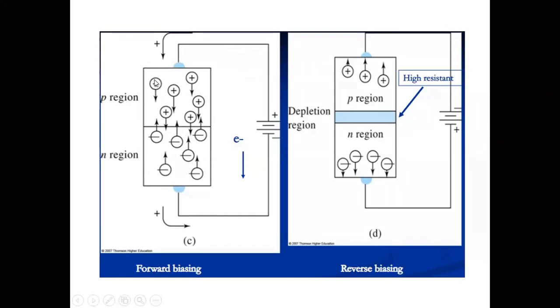So holes will move towards this direction and electrons will move towards that direction. Now the current will go from here to here, or electrons will go from here to here. That is forward biasing.